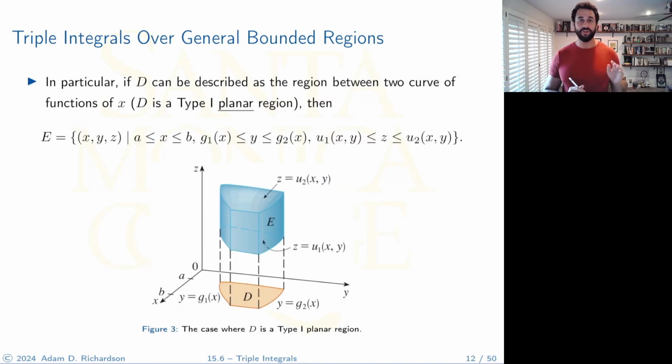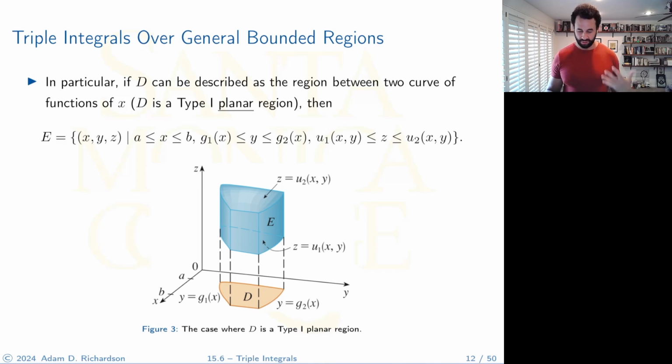So if the projection of your region E down here, we'll call it D, can be described as a type 1 planar region, then this allows you to continue to iterate the integration process. Again, you don't need to remember what is type 1, type 2.